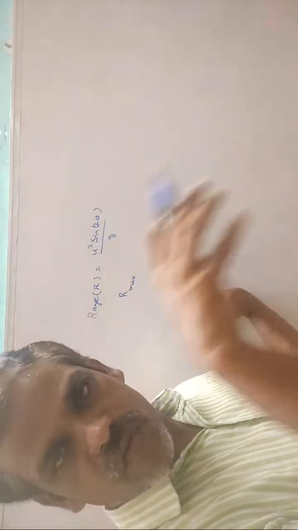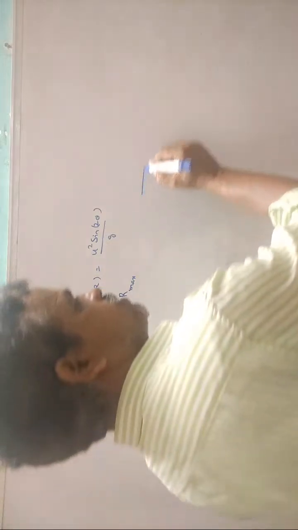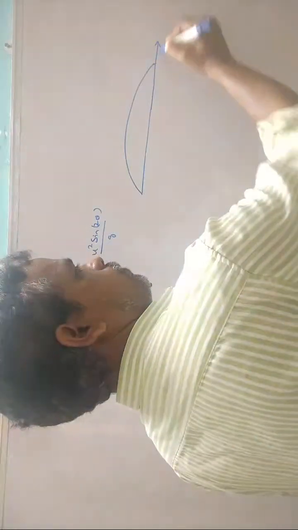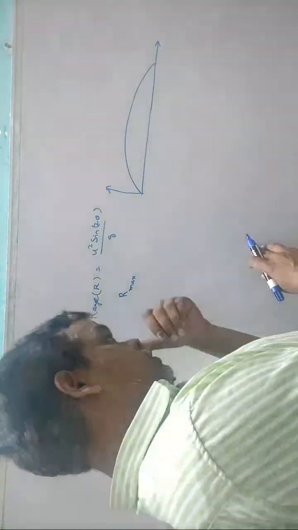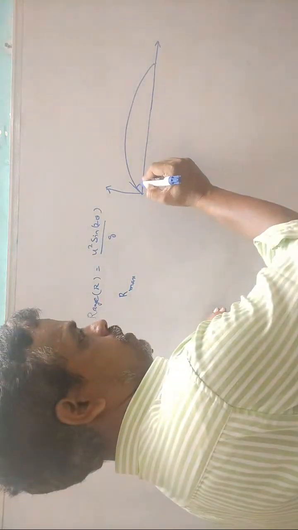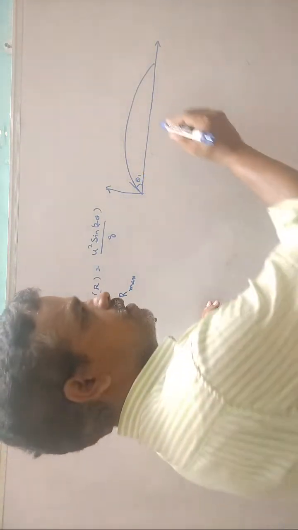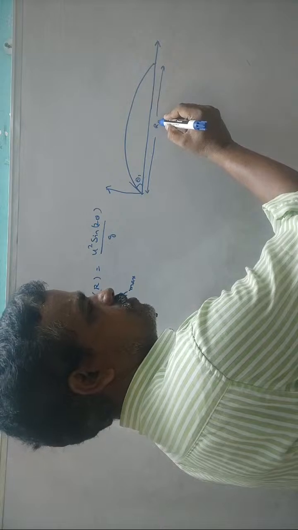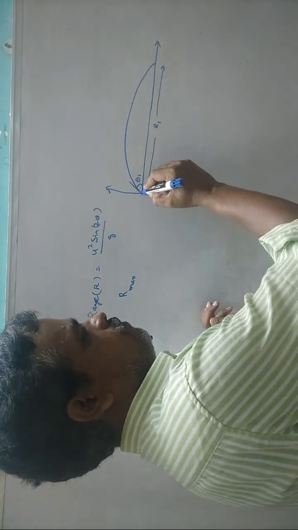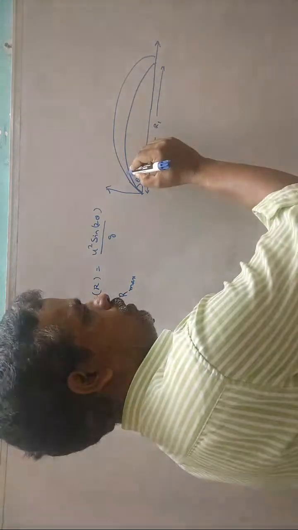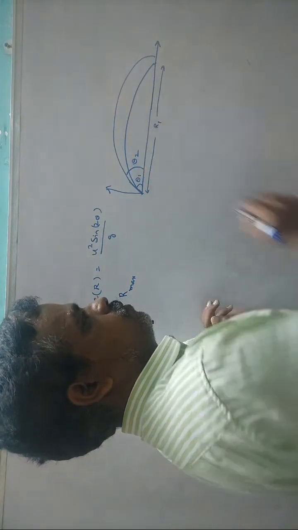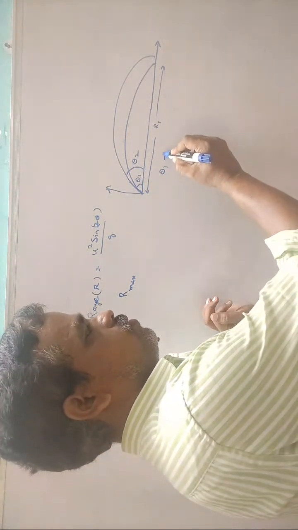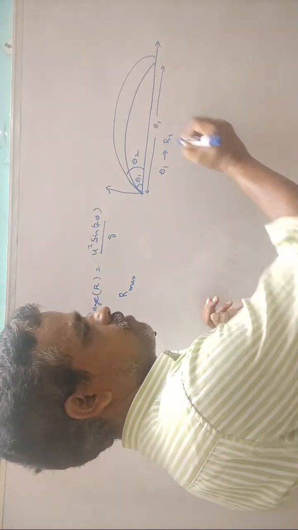That means if we project a body at theta 1, the body reaches this range. If I project at theta 2, in obliquely projected situations, the body gets range R2. Initially I projected at theta 1 and the body got range R1.